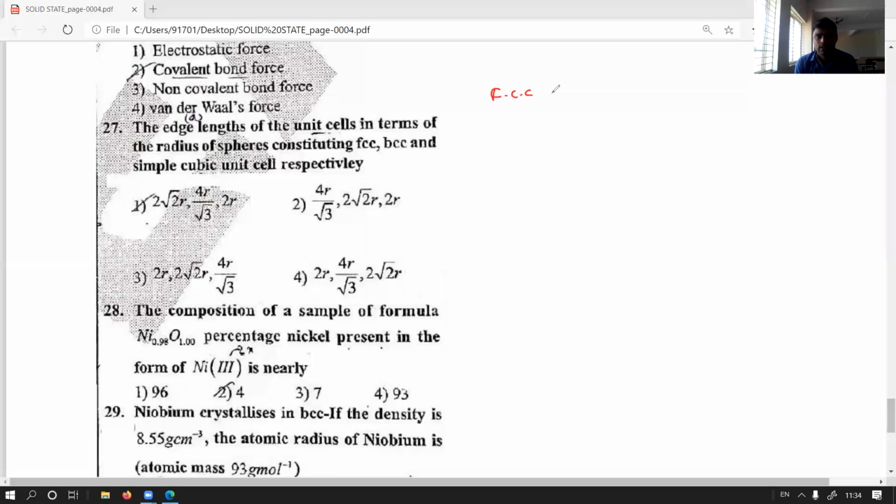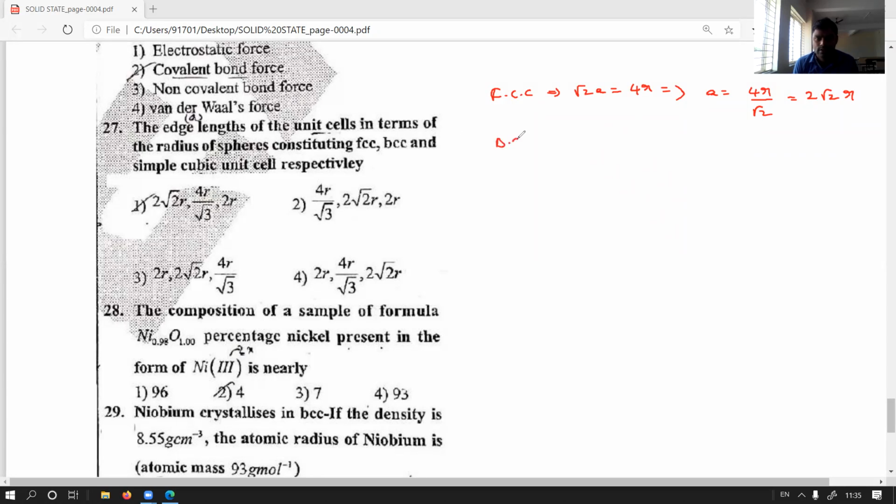In FCC, we know that 4r is equal to root 2 a. Then a, the edge length, is equal to 4r by root 2. Since 4 is 2 into 2, and 2 by root 2 is root 2, the edge length in FCC is equal to 2 root 2 r.